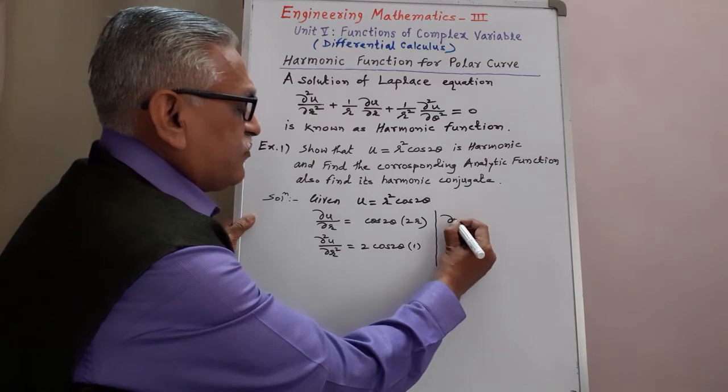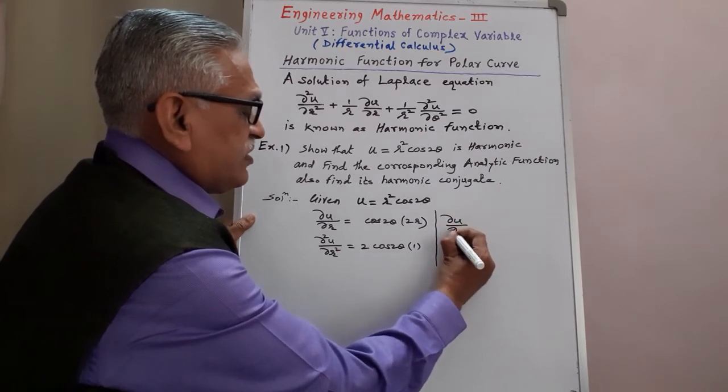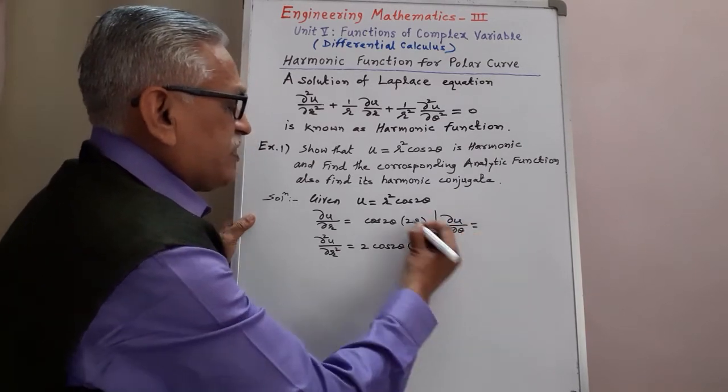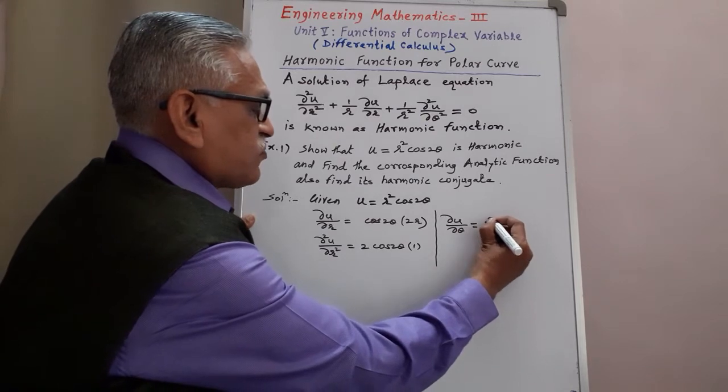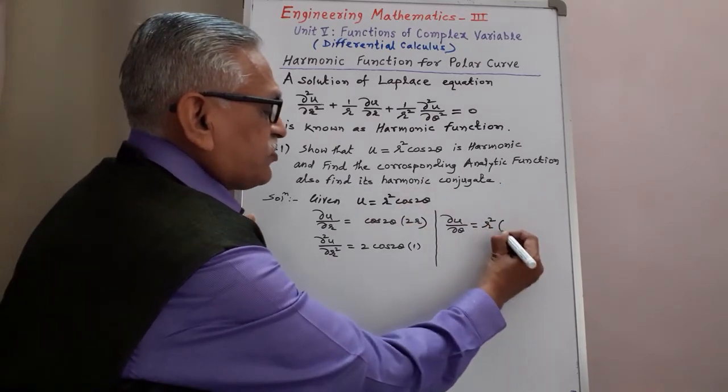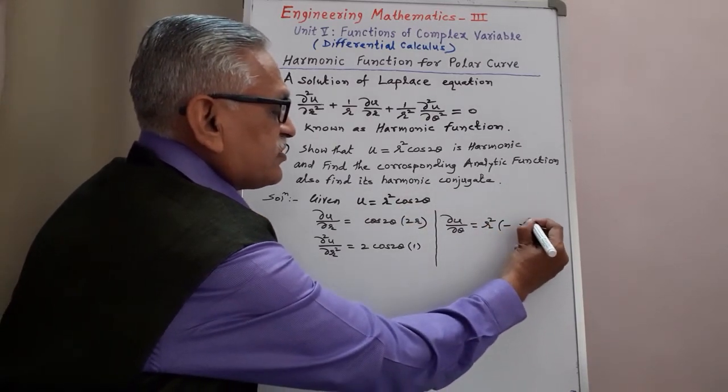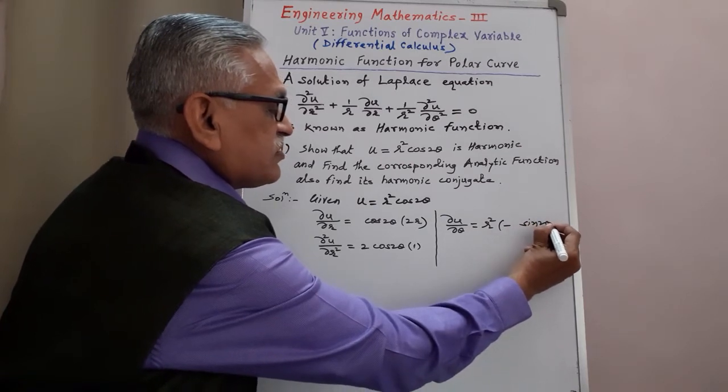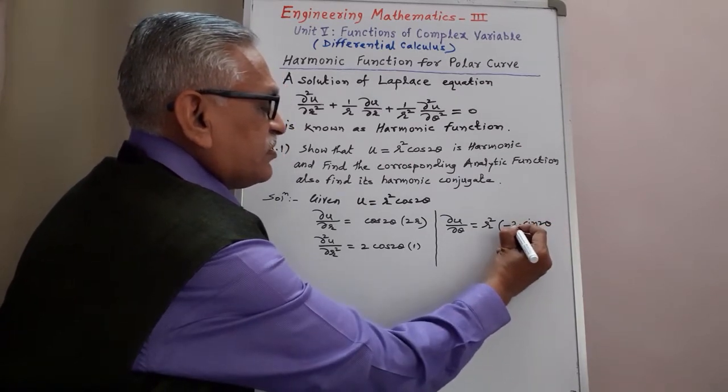Then differentiating with respect to θ, this time we keep r as constant, therefore r² as constant term, derivative of cos is minus sin 2θ, chain rule into 2.